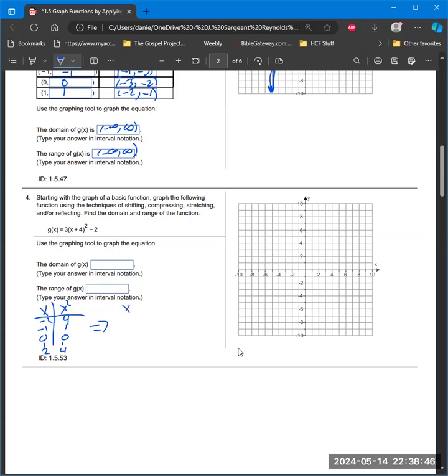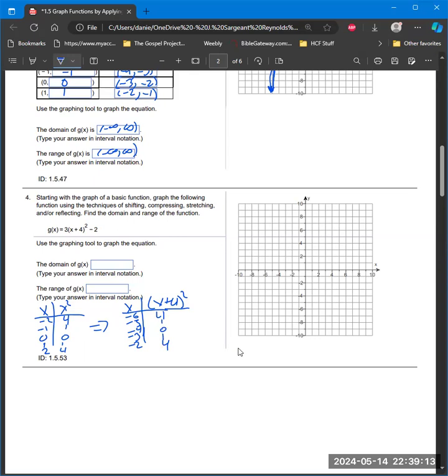So x plus 4. So my new x value, x and x plus 4 squared. So left 4 is going to make this negative 6, negative 5, negative 4, negative 3, and negative 2 with the same y values.